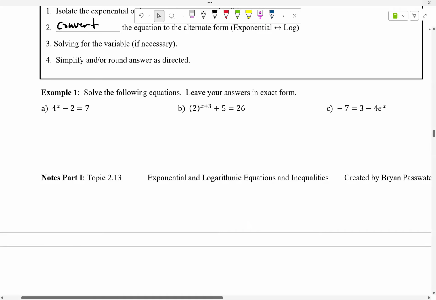Once you finish A, make sure you go to send unit. We're solving for x.